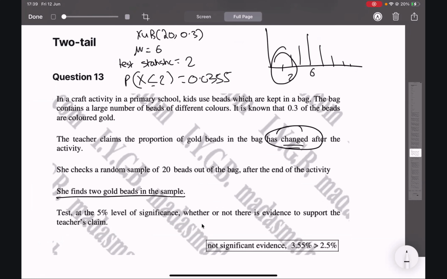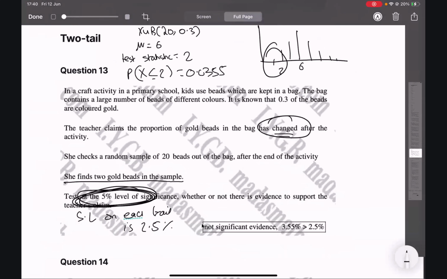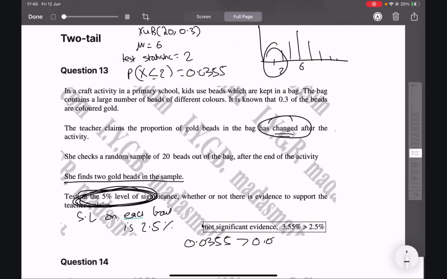The only difference now is we have to halve the significance level. So if the question says test it at 5%, the significance level on each tail is 2.5%. It's 5% as a whole. If it's 2-tailed, it's 2.5% on each tail. So we say 0.0355 is more than 0.025.